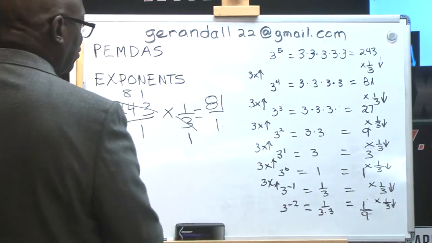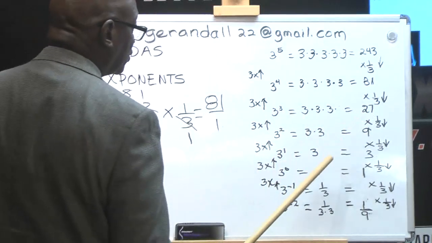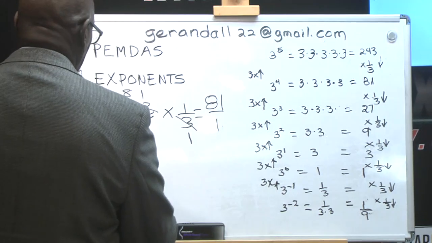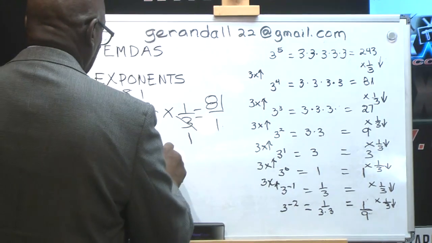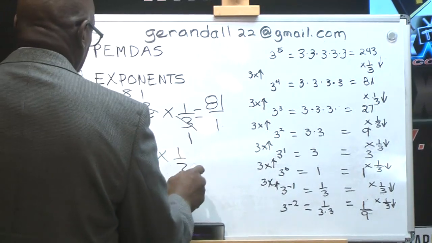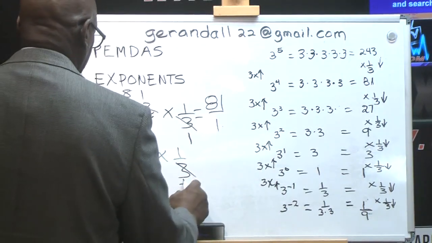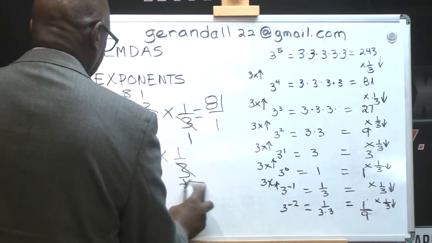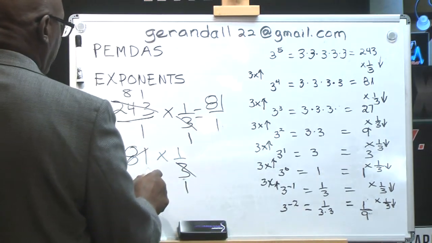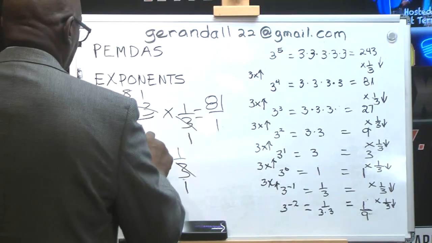As we continue to decrease, it says here that 3 to the 3rd power is 27, which is 1/3 of 81. Again, 81 times 1/3, and cross multiplication, 3 goes into itself once, and 3 goes into 81 27 times.